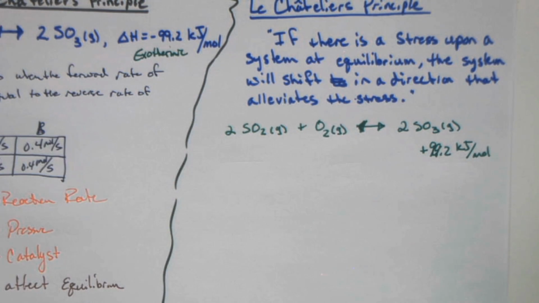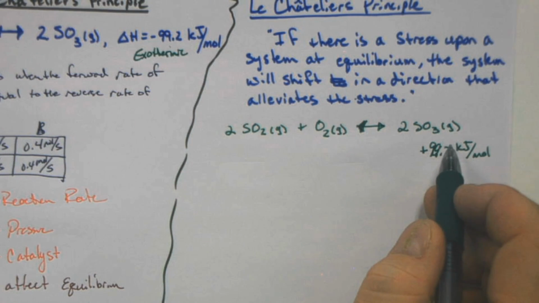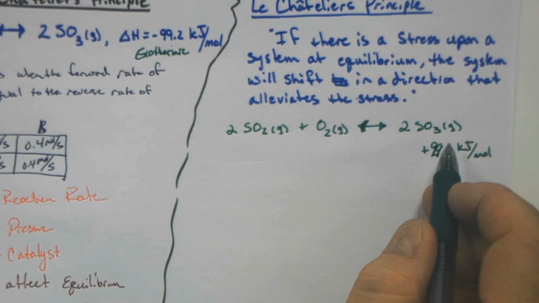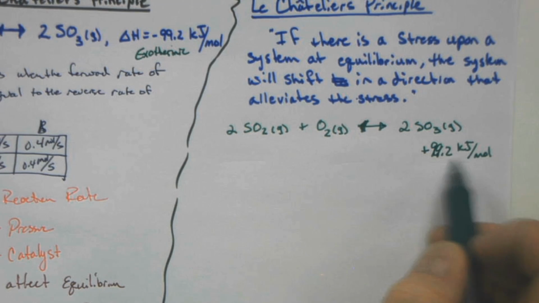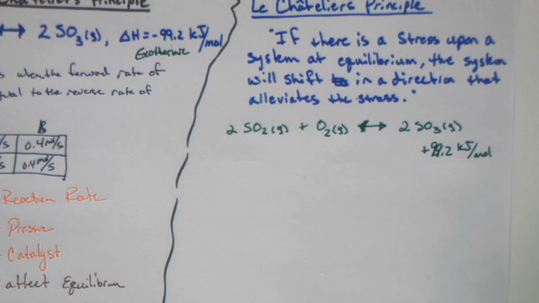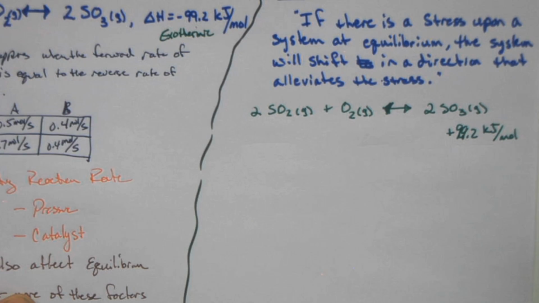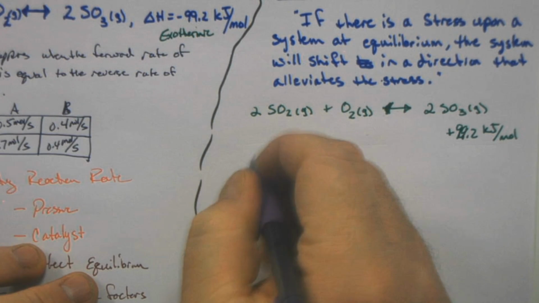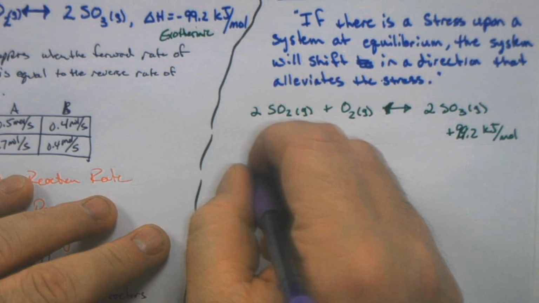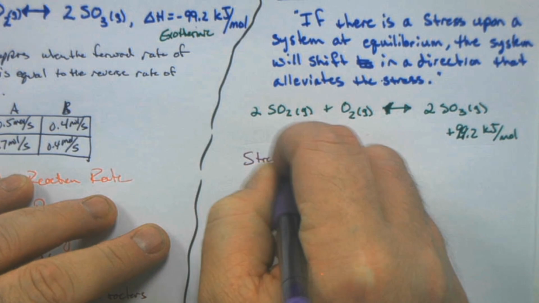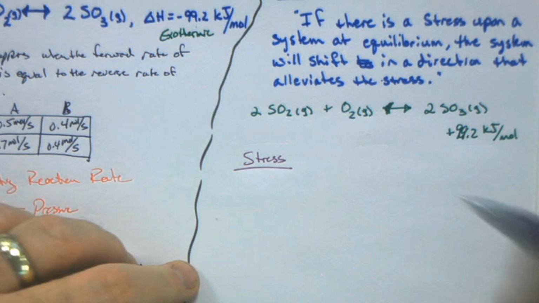Usually you'll see the reaction written so that the energy is a product, and so they usually write the forward reaction as the exothermic reaction. Okay, so here's what we're going to do. We're going to talk about a stress. I'm going to give you guys a stress to the system.